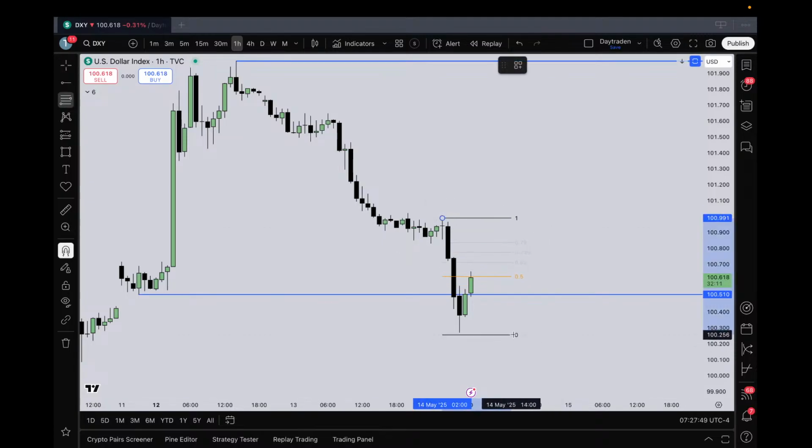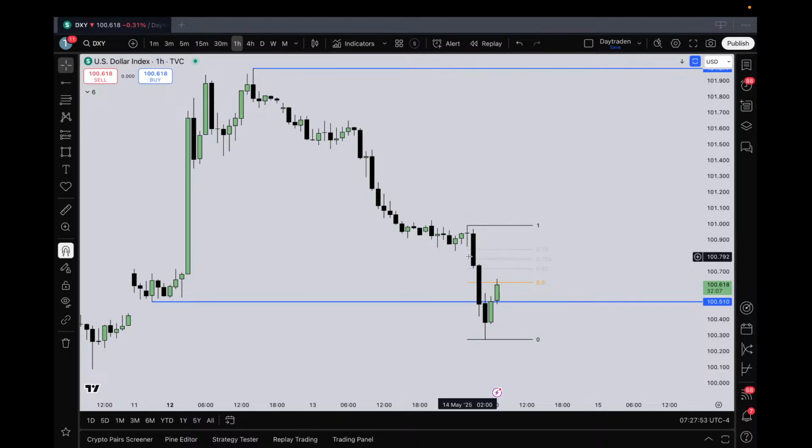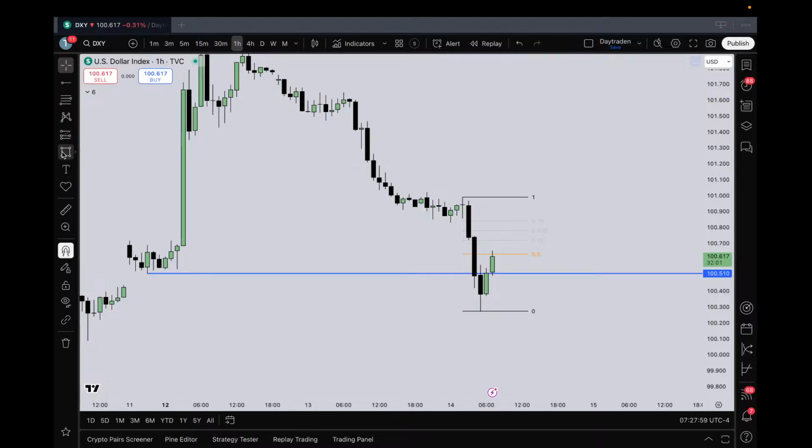When we take a look at this established range, we can see that we have hourly fair value gaps right over here, which are trading at a premium. Let's draw it out like this.